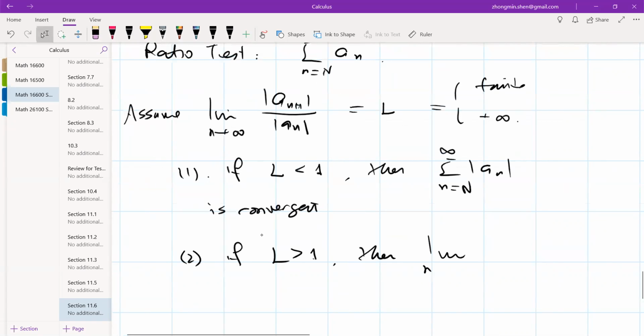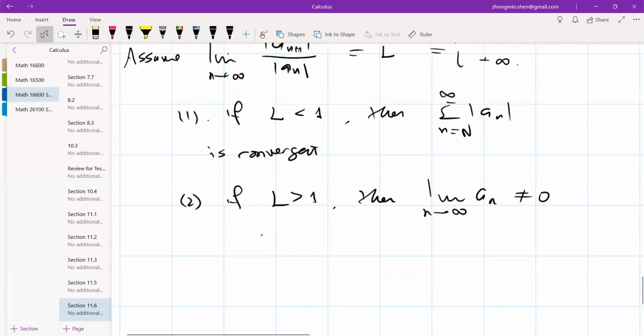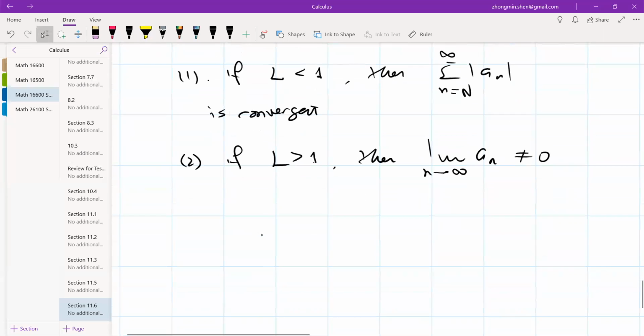The limit of the nth term does not equal 0. It may go up or down, jump around. So by the nth term test, this is divergent. The key point is that the nth term is not going to 0. Now, why is this true? We do the following.